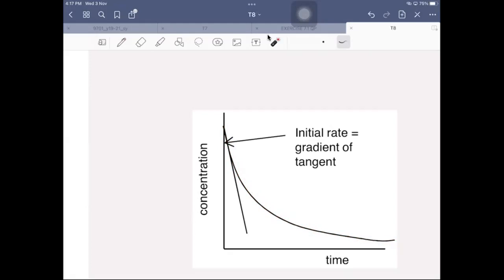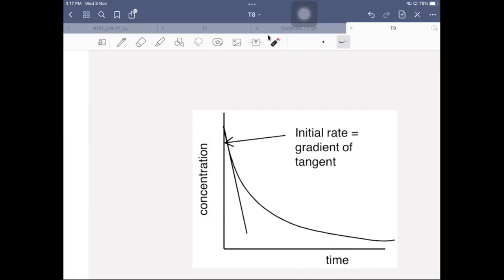So to find the rate of reaction, by definition, it is change in concentration over change in time. That is your delta Y over delta X. I don't know if this rings a bell to you. Change in Y over change in X is the gradient of the graph.